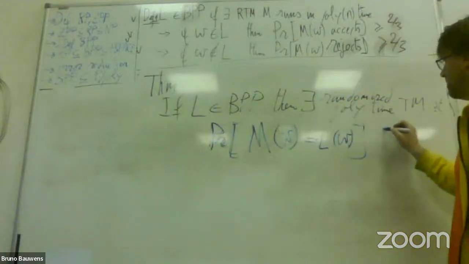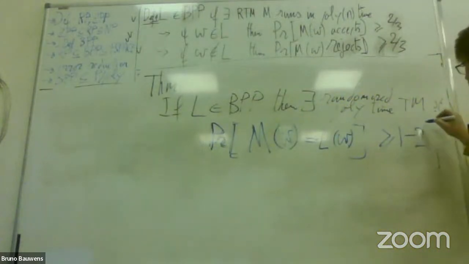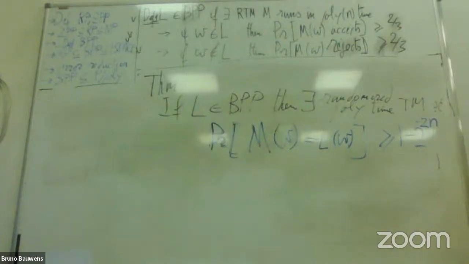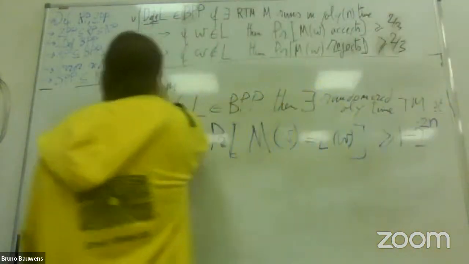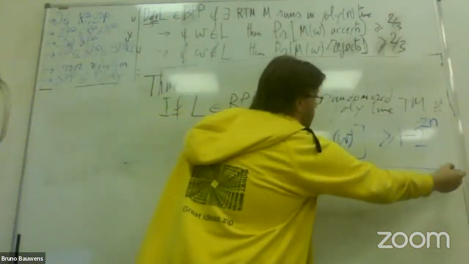For our applications, we need 1 minus 2 to the minus 2n, which will be more than enough, but you can put any polynomial inside the exponent. If you want n squared, it's okay. So that's the theorem. It's called error reduction.